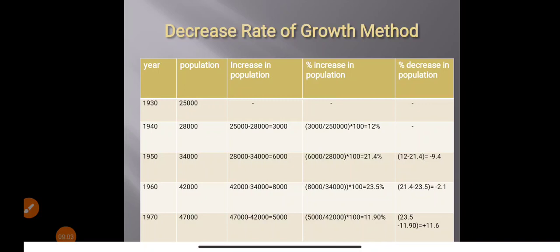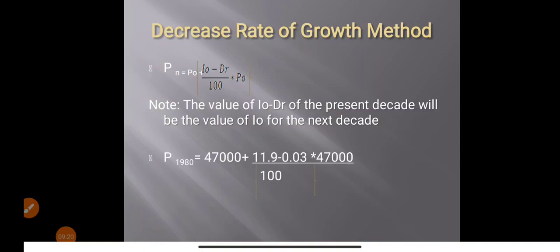So that represents minus 9.4 minus 2.1 plus 11.6 divided by 3, which gives the value of dr, that is the decreased percentage. So next, let me move on to the formula.